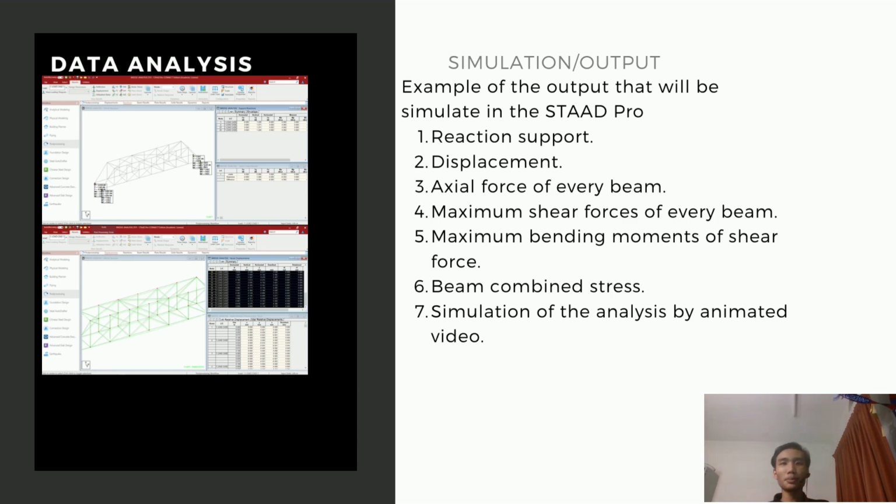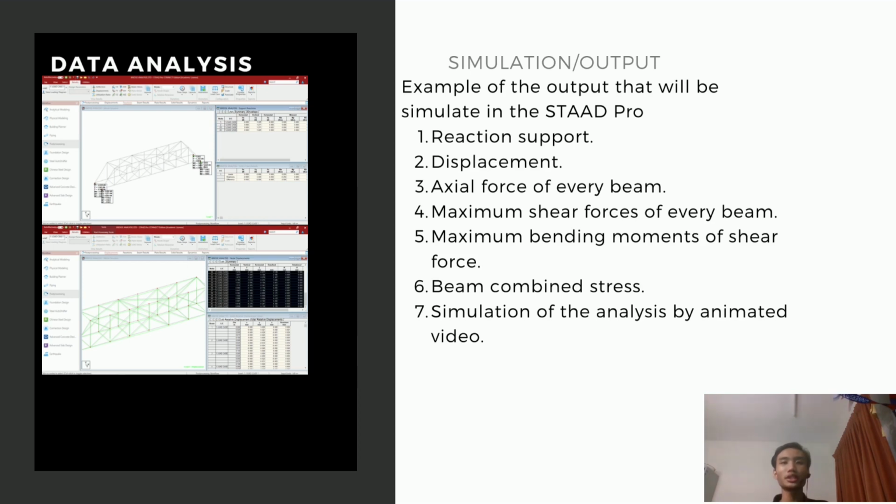Some examples of the output that will be simulated in Staad Pro and also reported from the software are the reaction support, the displacement, which is the movement of beams or nodes, the axial force, or also known as the end force of every beam, maximum shear force of every beam, maximum bending moments of every beam, and the beam combined stress.